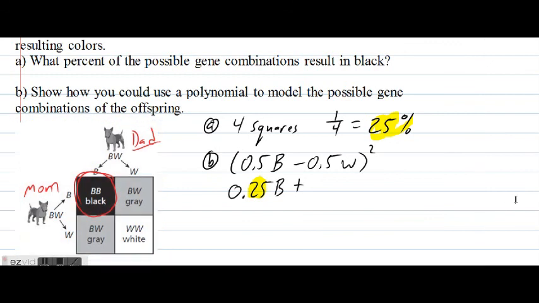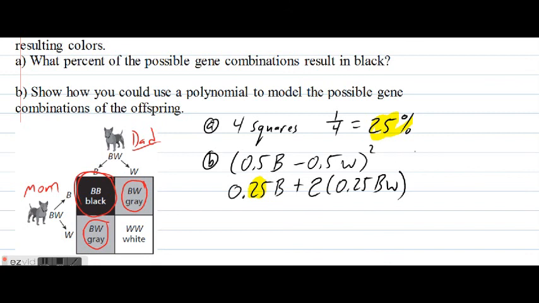So let me see if I can use this red here. B and the W is going to be gray. So I have two that could be gray. Two chances that they could be gray. So the BW represents gray. Black and a white. Alright, they have the black gene and a white gene.